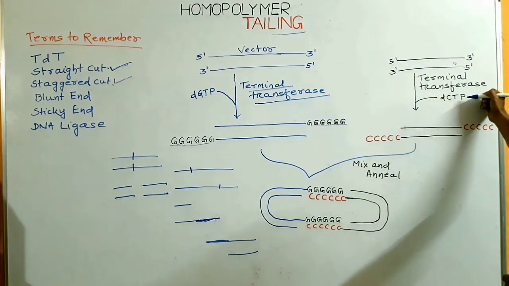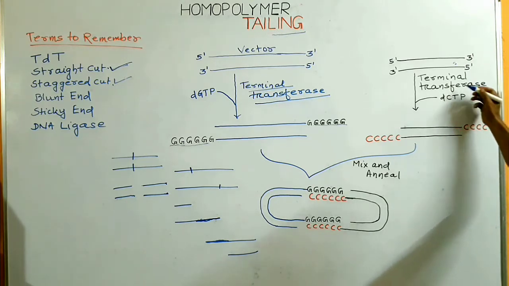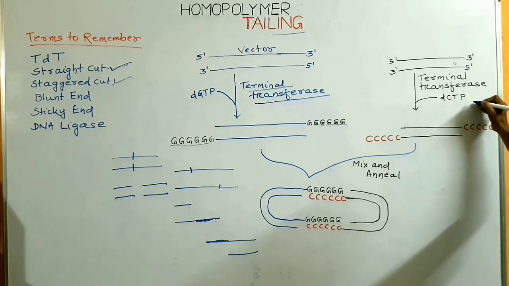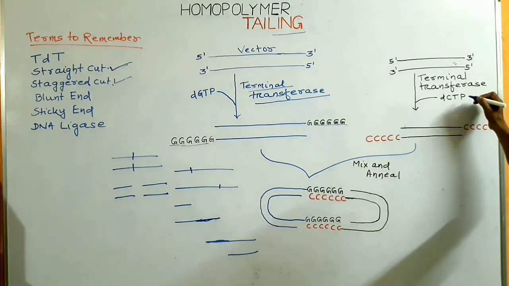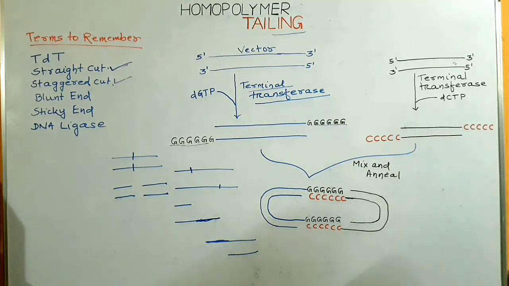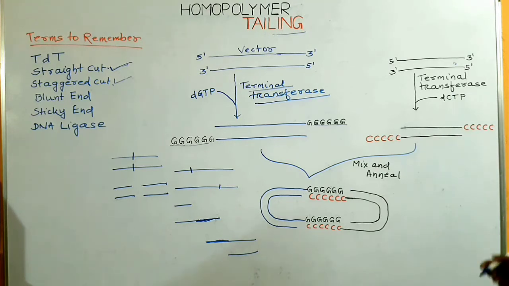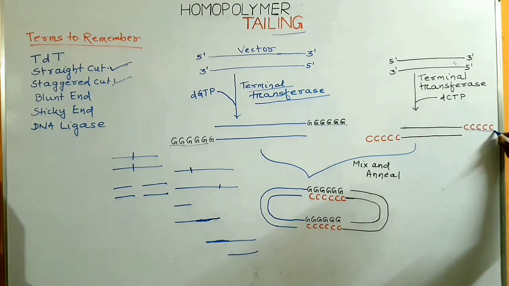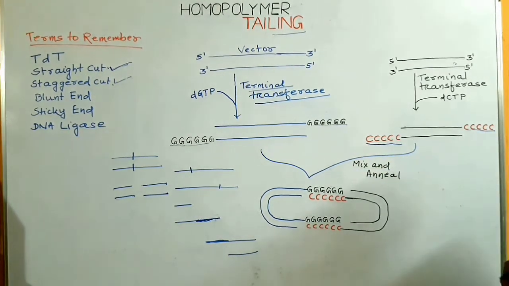Similarly, the DNA insert is also treated with terminal transferase and the substrate is dCTP. By incorporating dCTP into the reaction mixture with the help of terminal transferase, it is possible to add a homopolymer tail that consists of repeating units of cytidine monophosphate.